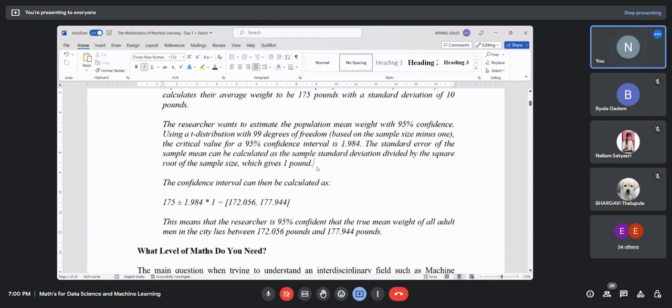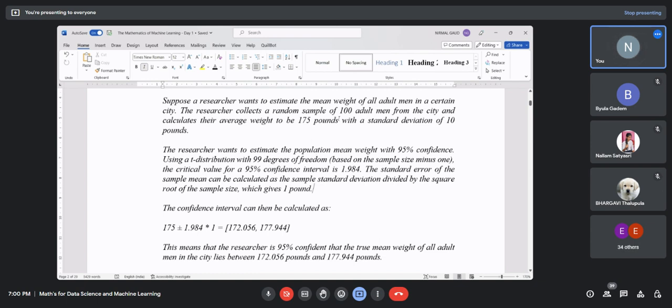For example, you took 100 people, and the square root of 100 is 10, which gives you about 1 pound.